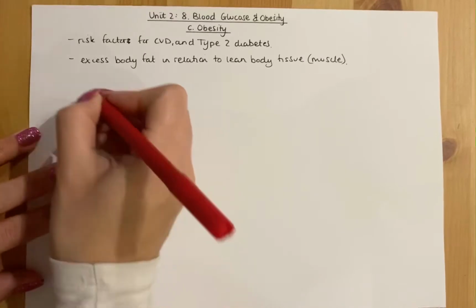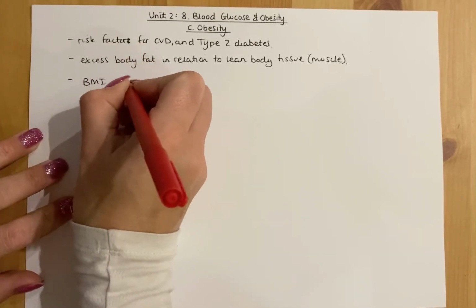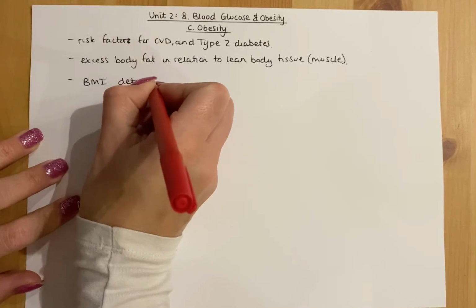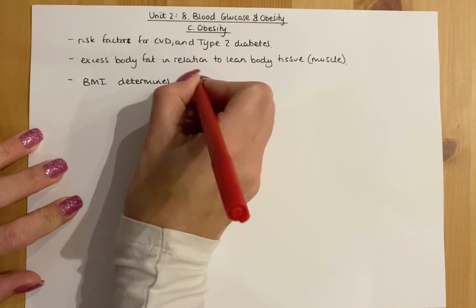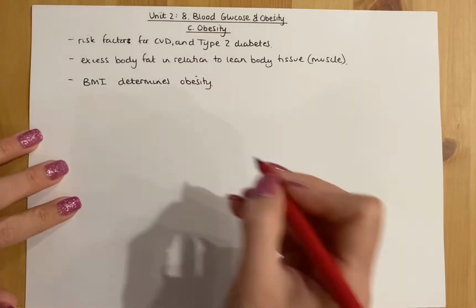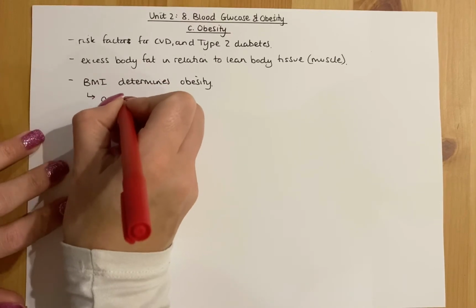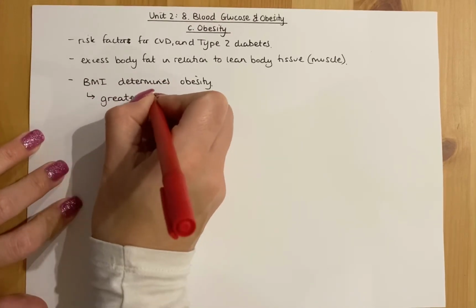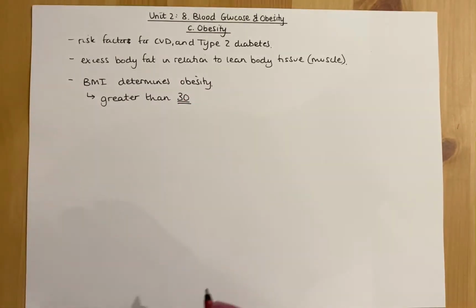So what we use to determine obesity is BMI. And BMI will have an equation that you will need to use. And if they have a value greater than 30, then that person is classed as obese. So 30 is that magic number that people should really be below if they don't want to be obese.